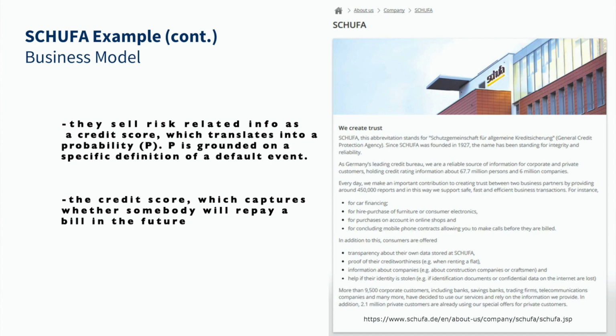So in case you are sometimes late with repaying some debt, since we don't know what Schufa is doing internally, we can't really judge how much this is going to hurt. Is there a linear relationship between how late we are with repaying and how much our score decreases, or is there not such a linear relationship? That is something internal at the company. What is important here is that this is their service offering.